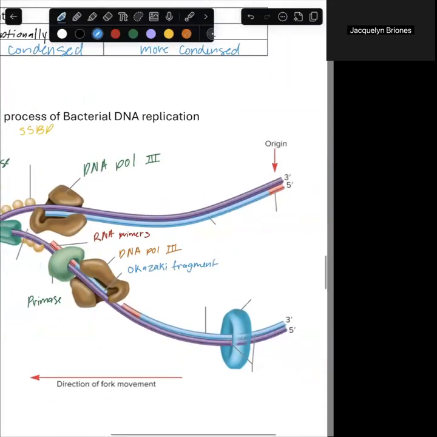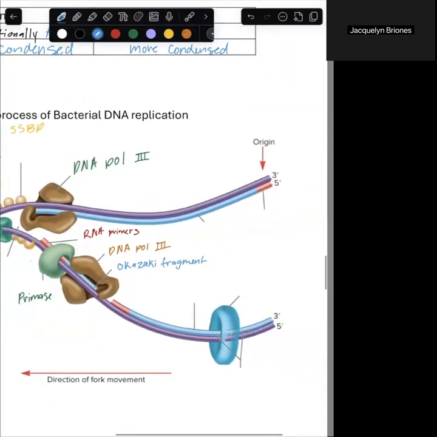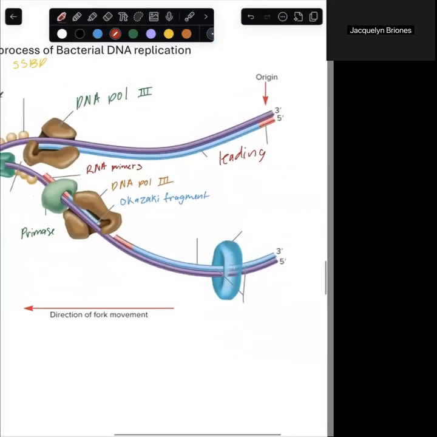So if you notice, this is our leading and this is our lagging, because this is getting synthesized all in one, no breaks, but here we have our primase synthesizing our primers and our Okazaki fragments. Okay.